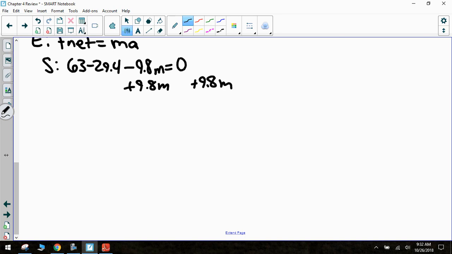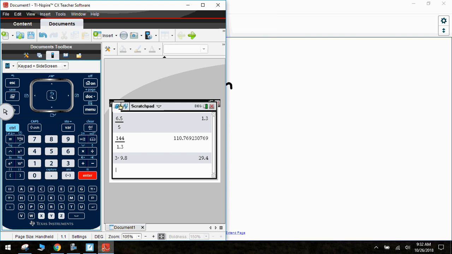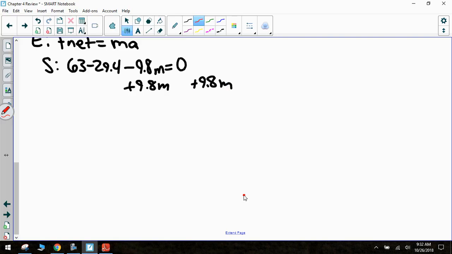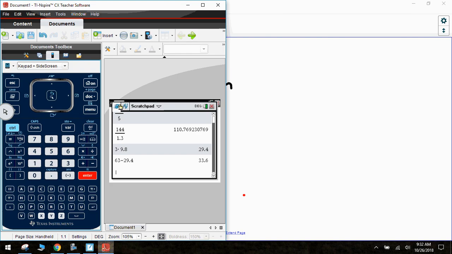So 63 minus 29.4 is 33.6. So I got 33.6 equals 9.8 M. Divide both sides by 9.8, and you get 3.4285.